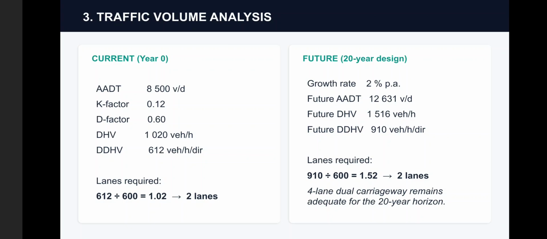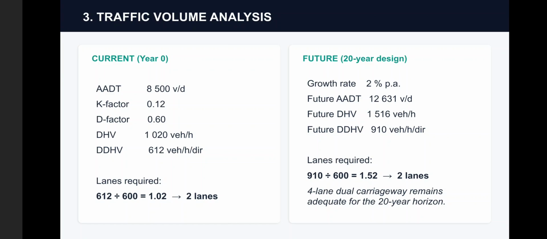Looking first at current traffic, the annual average daily traffic is chosen as 8,500 vehicles per day, using a K factor of 0.12 and a directional factor of 0.6.